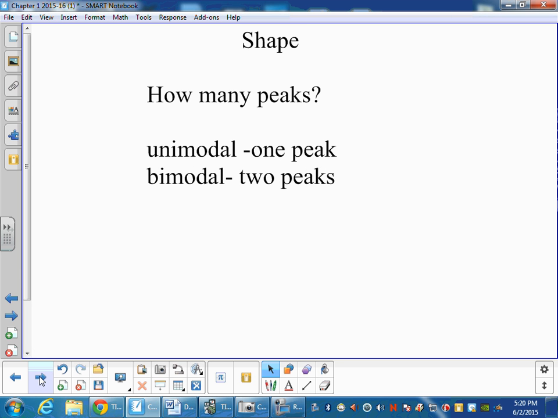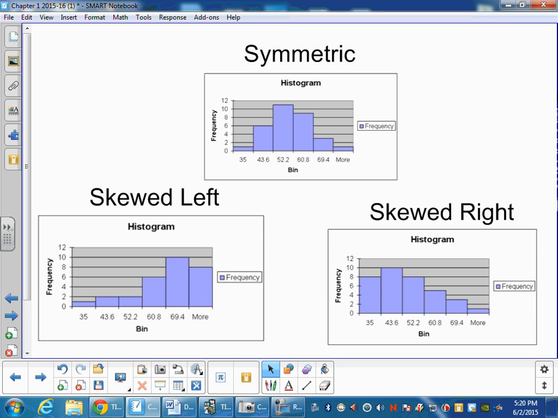Now, this is kind of misleading, but when we talk about shapes, if it has two peaks, feel free to say it's bimodal, but this is a less common way to describe shape. Usually when we look at shape, we'll want to look at this: is it symmetric, skewed to the left, or skewed to the right?